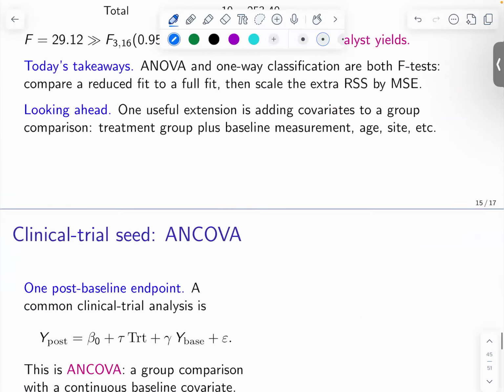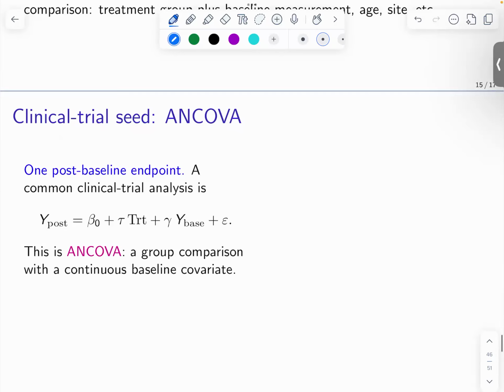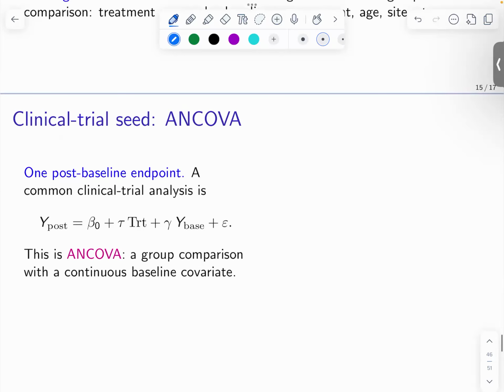Okay, we're almost done. Maybe next time I want to talk about an interesting thing called ANCOVA. If you do an interview at a pharma company that does clinical trials, this is one of the things they would ask. It's nothing very fancy. It's a special case where you have a treatment variable and a baseline, and the baseline is used as a covariate.